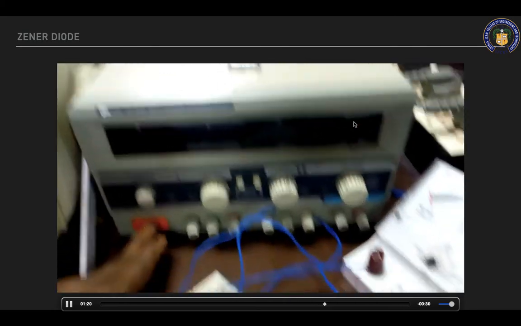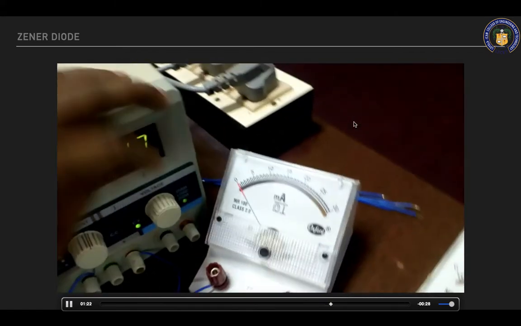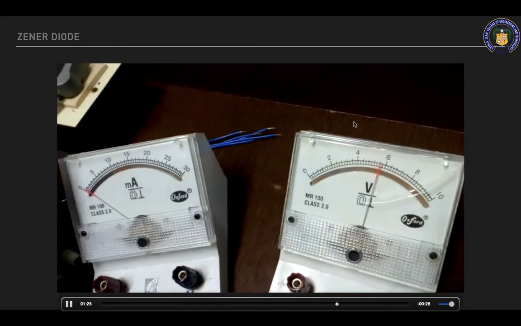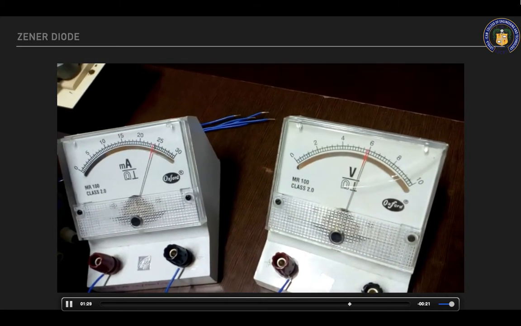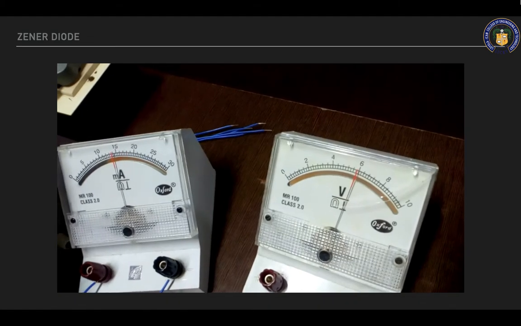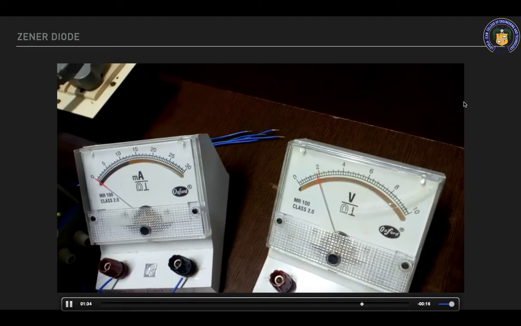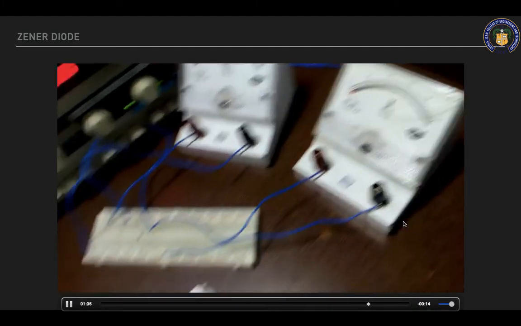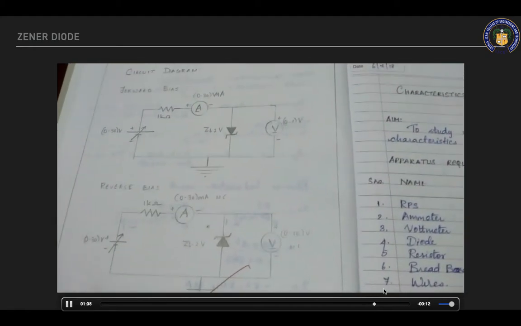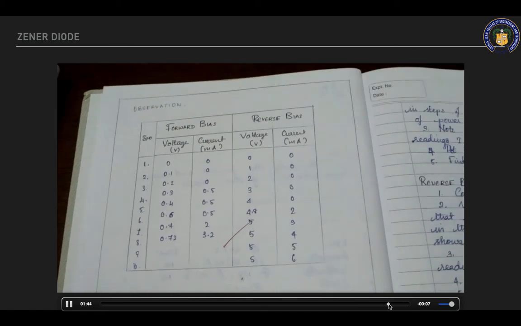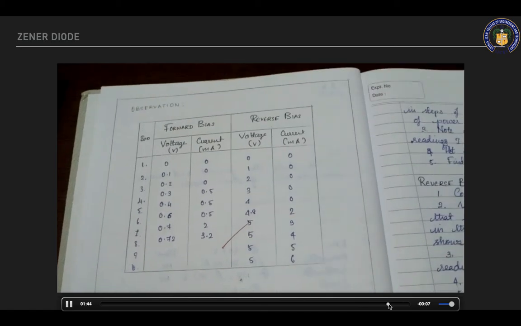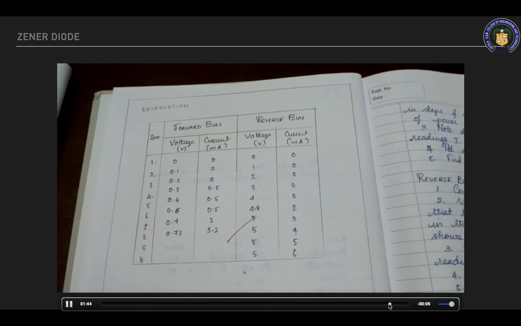Switch on the supply, varying the voltage, corresponding readings. Tabulate the readings. Okay, note down and tabulate it, and plot the graph. Submit the same. Okay, thank you, students.